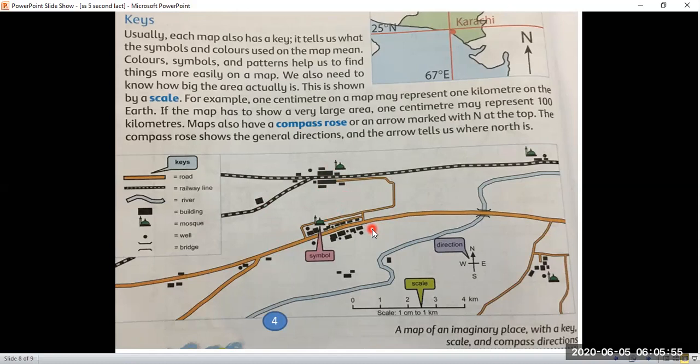So from the key points you can understand the map very well, and when it is given with the help of key points, it is really very clear for you to understand a map. So thank you very much, students.